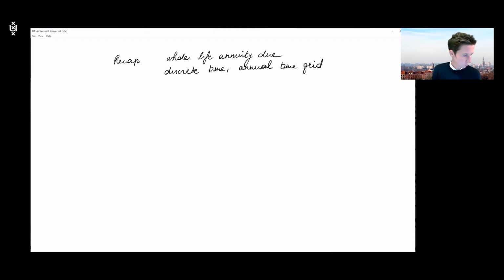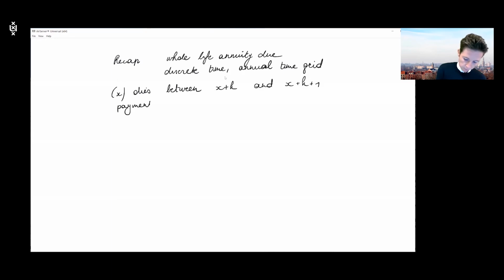So we learned last Thursday that if I look at a policyholder age x at time 0, and if this policyholder dies between age x plus k and x plus k plus 1, then this particular type of annuity product will pay payments at time points 0, 1, 2, and so on.